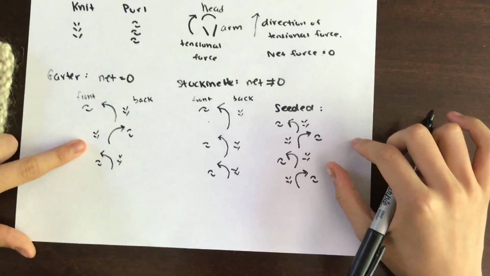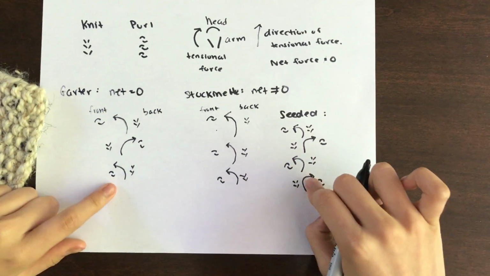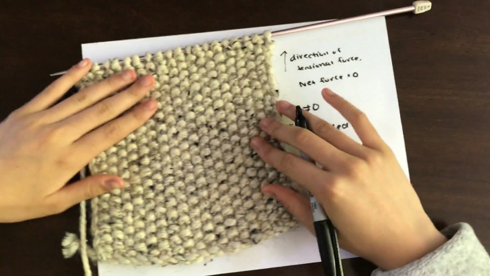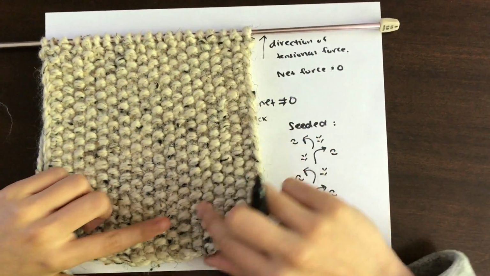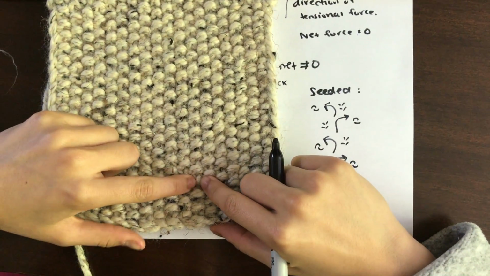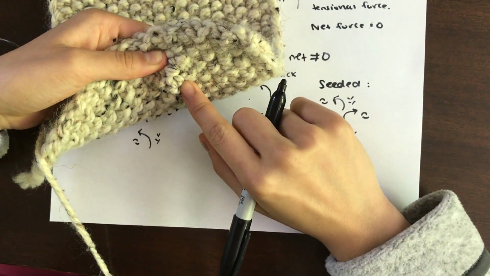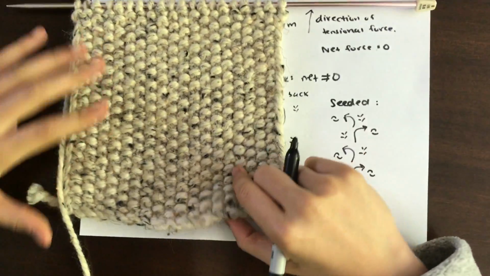This looks extremely similar to the garter stitch. And because of this, both of these stitches lay completely flat. We can also look at this as a real life example. If we look at this specific head, on the back is an arm. And this stays true throughout the whole thing.